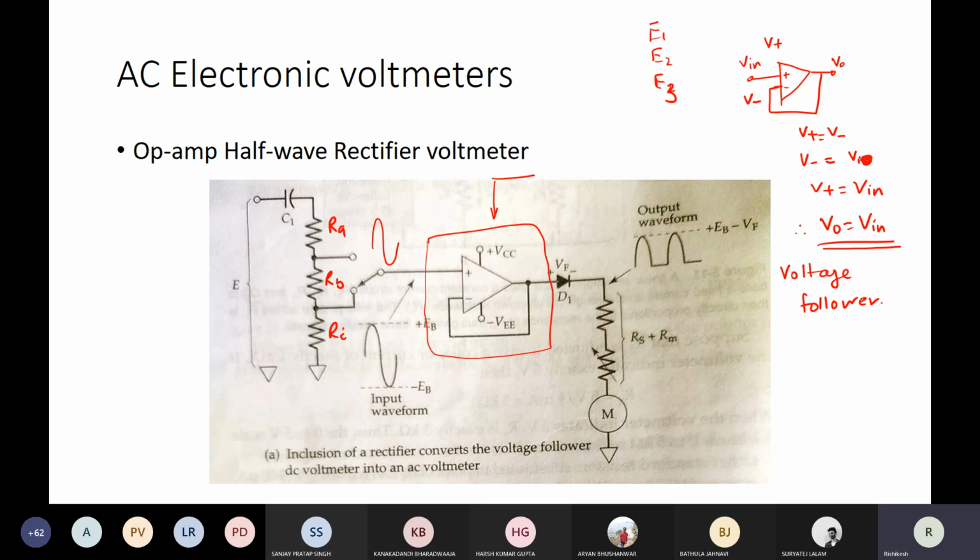So whatever is appearing here, EB will also appear here. EB is basically the peak voltage of the sinusoid applied as input. But what is the advantage of a voltage follower? What is the purpose if the same thing is appearing here? Why can't I directly connect this here?